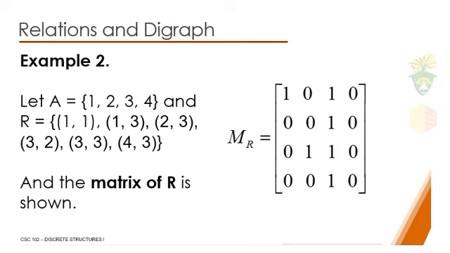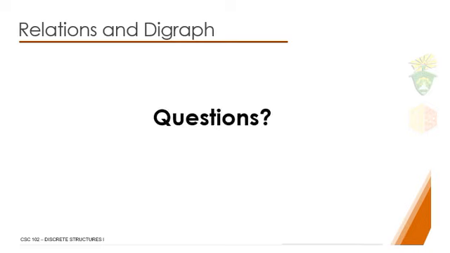Is it too fast? Let me slow down. We have 35 minutes for 27 slides. Any questions or clarifications? You may save those and we will answer them during our Zoom meeting soon.